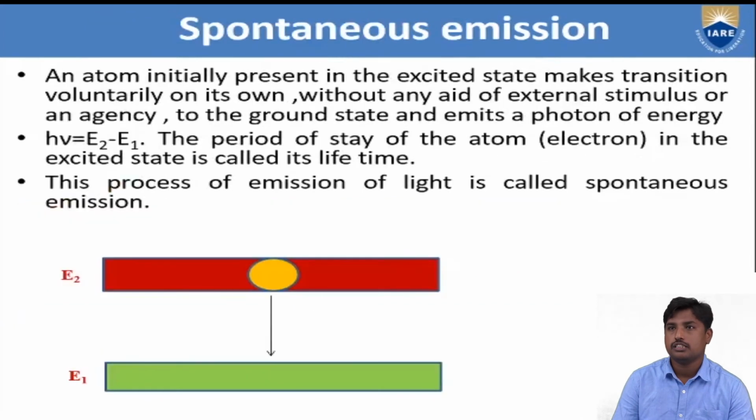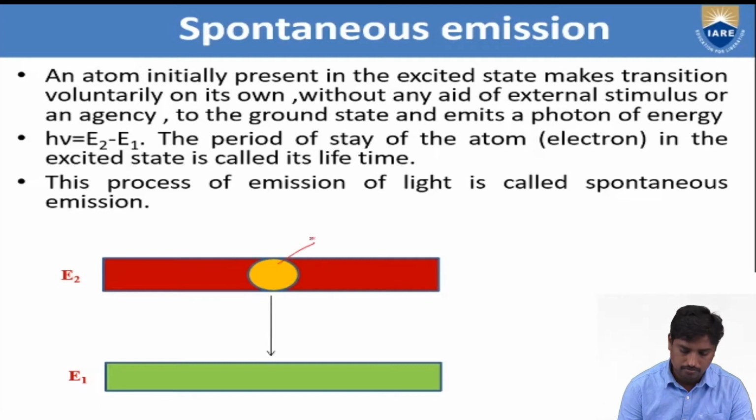Then coming to emission, two types of emission process are there. One is stimulated emission, one more is spontaneous. Coming to spontaneous, every excited electron in the excited state is not permanent. Every excited electron has a particular lifetime, and the average lifetime of an electron in the excited state is 10 power minus 8 seconds.